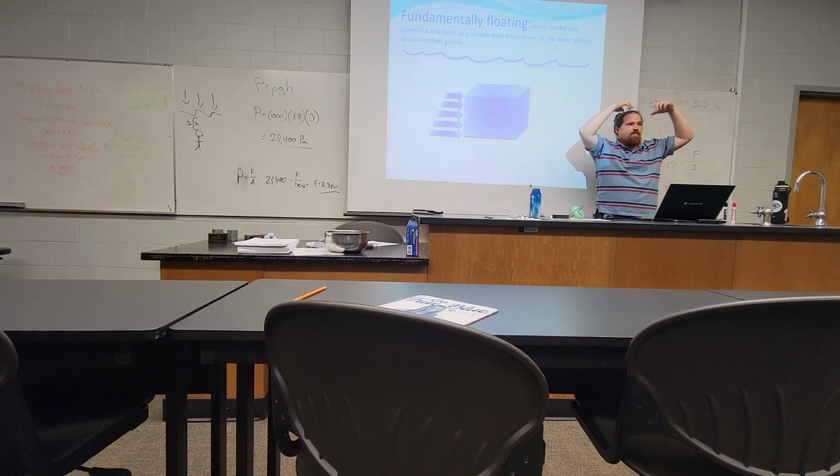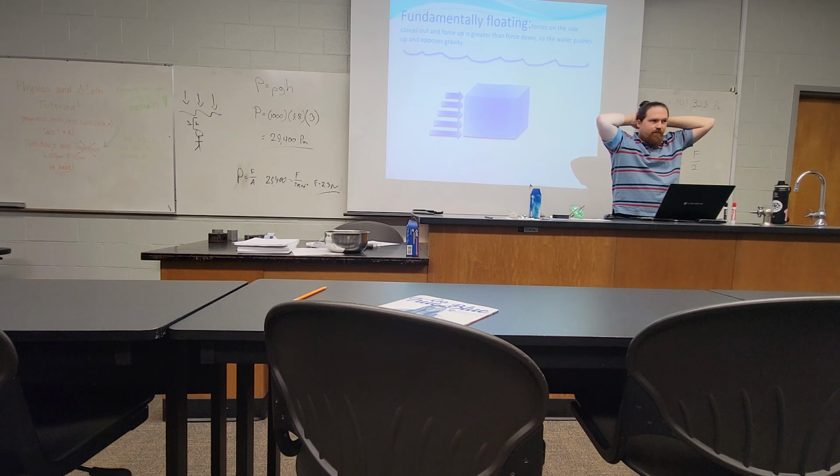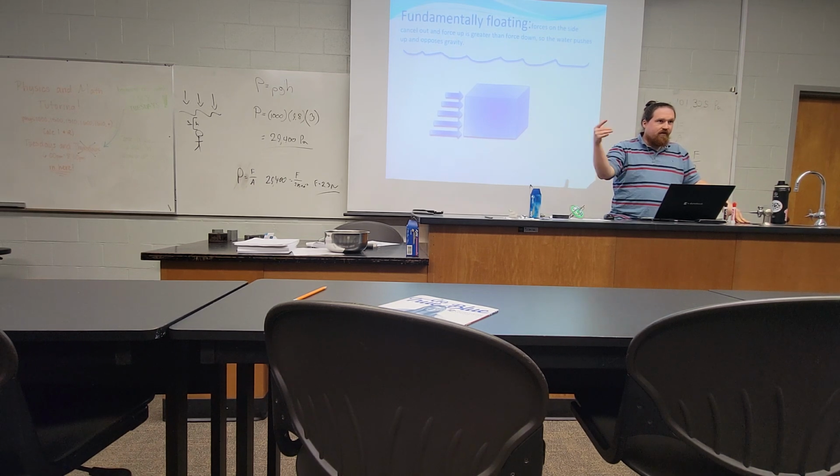Now, that by itself doesn't do much because inward on the left side points to the right, and likewise inward on the right side points to the left. So on a flat cube, these two things just equalize. That's not going to do anything by itself.